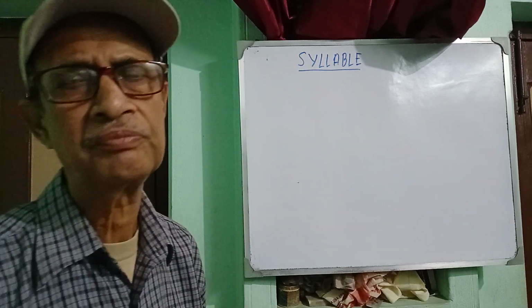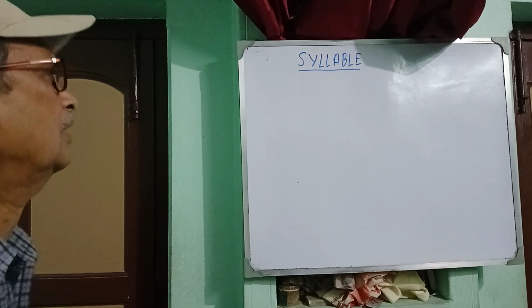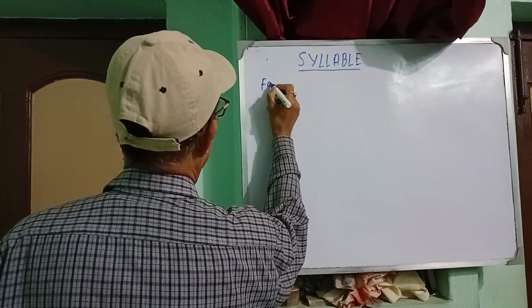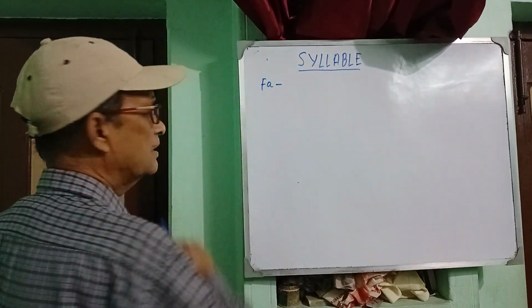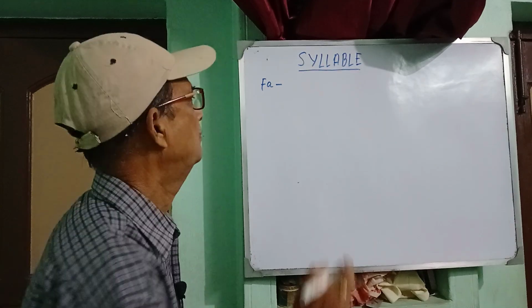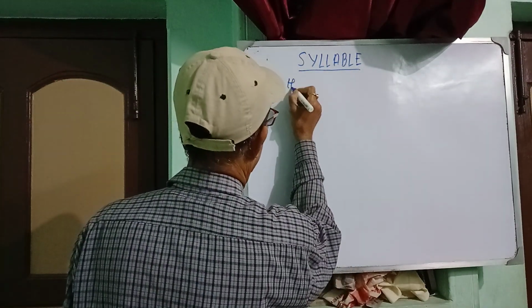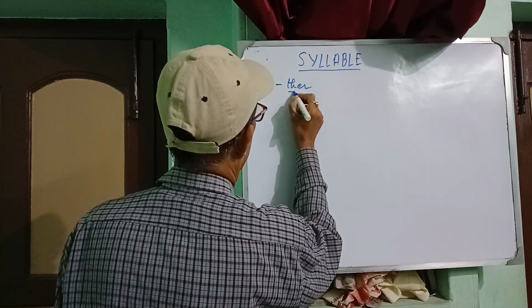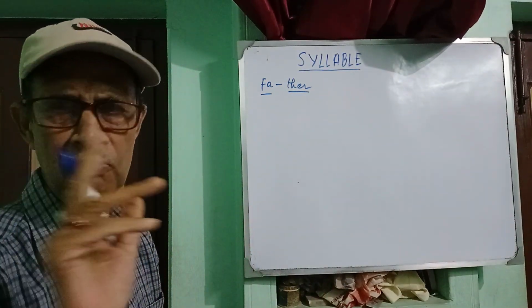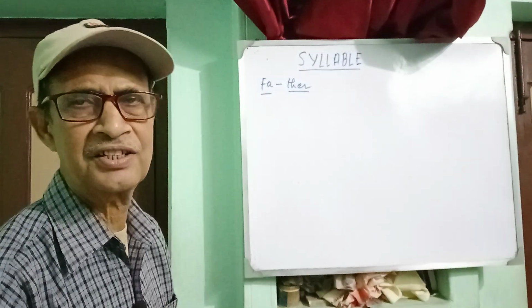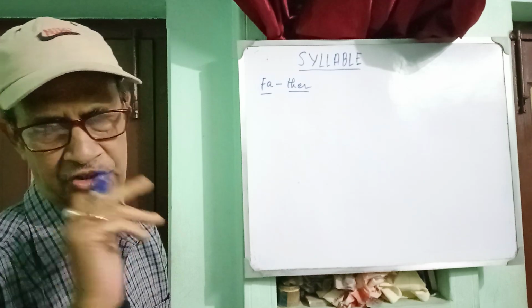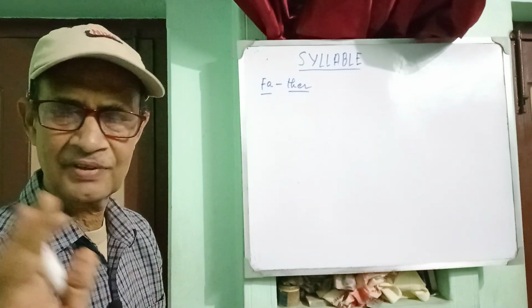For example, father. Fa is a vowel sound, a. The. So it has two vowel sounds and the word has two syllables. Clear?